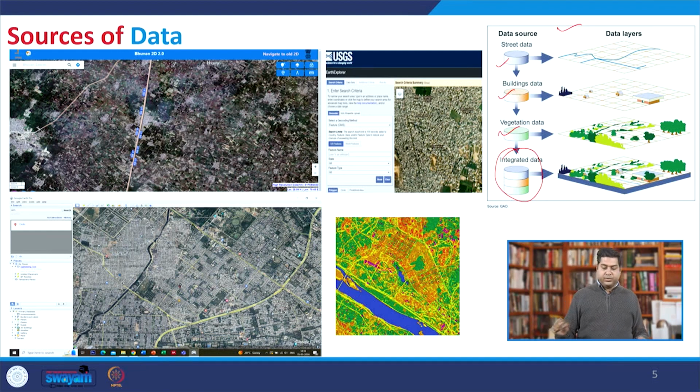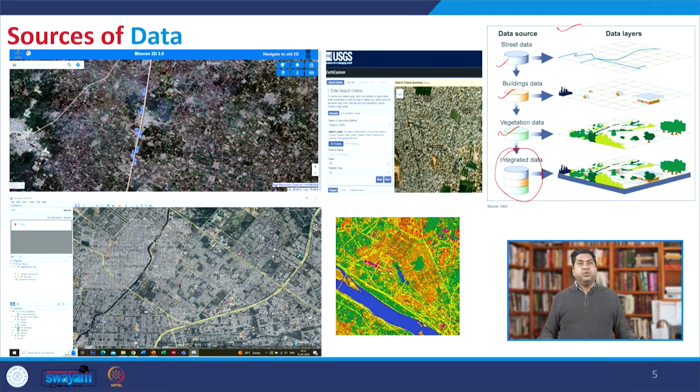We can also use USGS, where you can get good resolution, and not only the satellite image, you can get some classified information as well. There is certain land use information, and other metadata you are looking for can be downloaded.